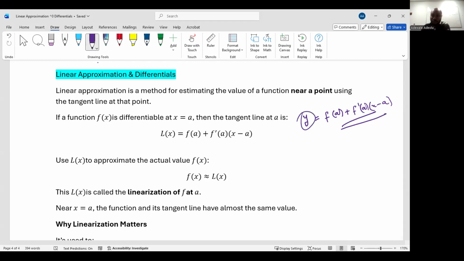Since we want to use the equation of the tangent line to approximate our curve, we label it L of x. That is the linearization of our function f of x at x equals a. And then we have this formula.